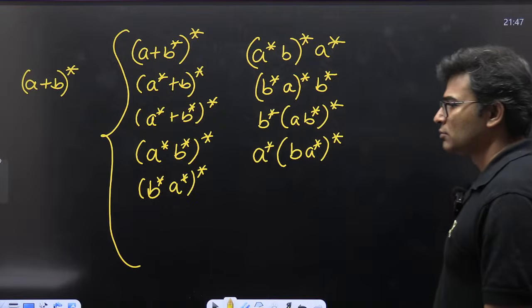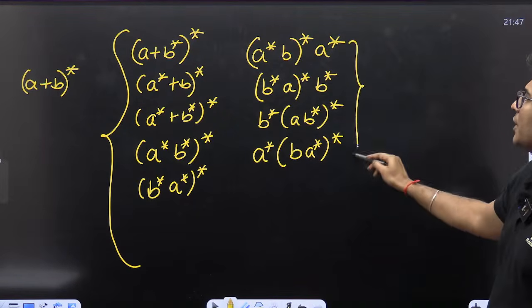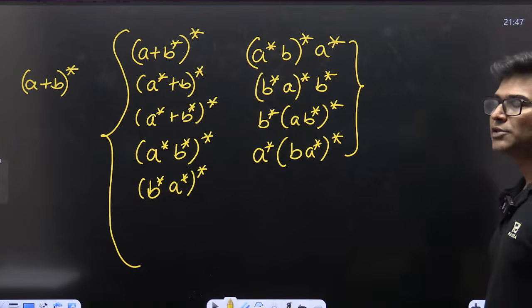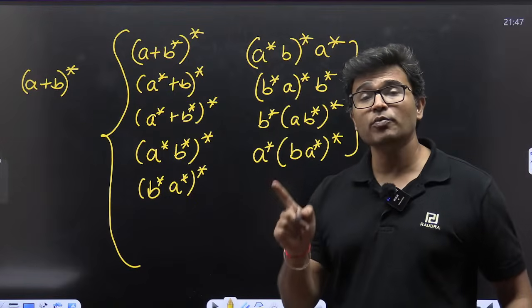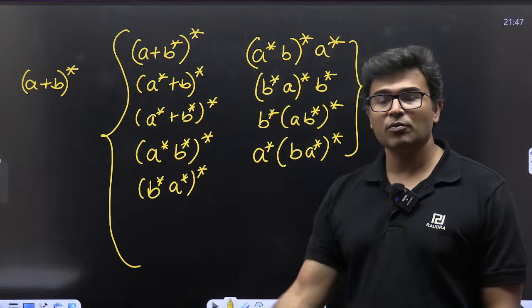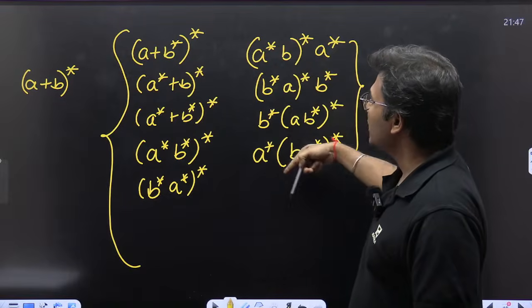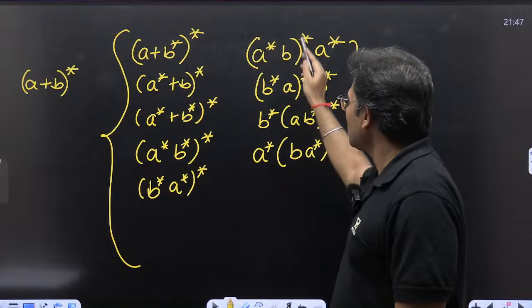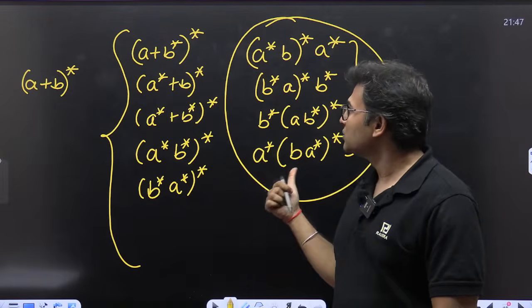These formulas are a little bit tricky. Take it as homework and try to generate any number of a's and b's using these. You will be able to generate any number of a's and b's. These formulas you will not find anywhere, so just remember them.